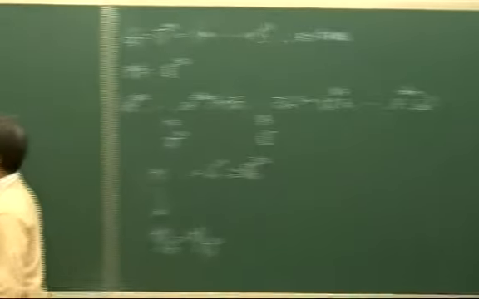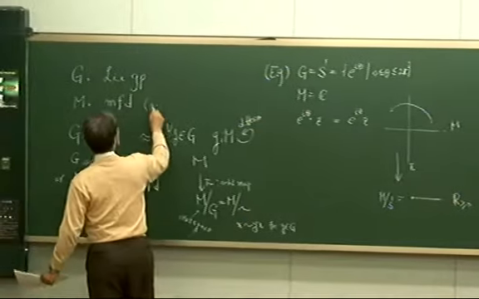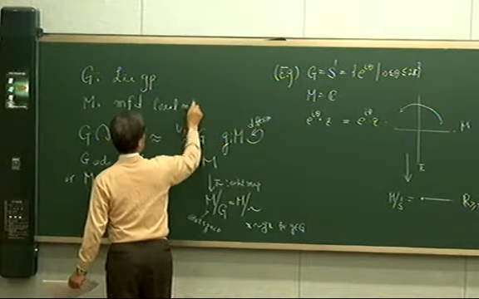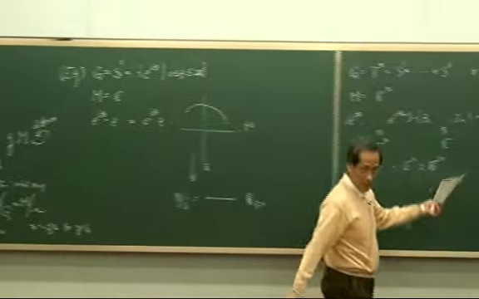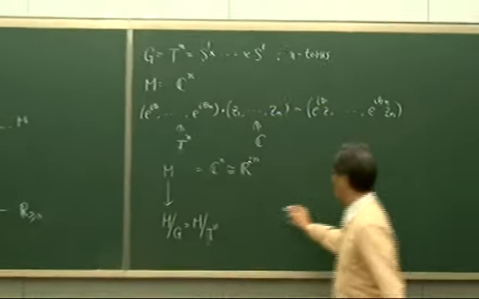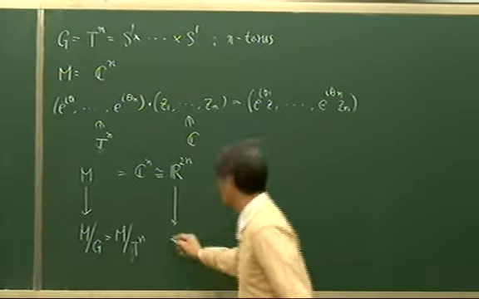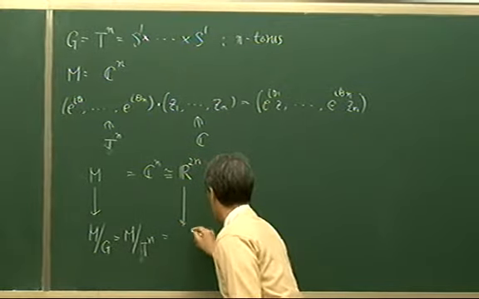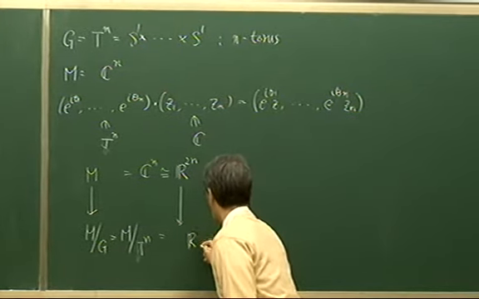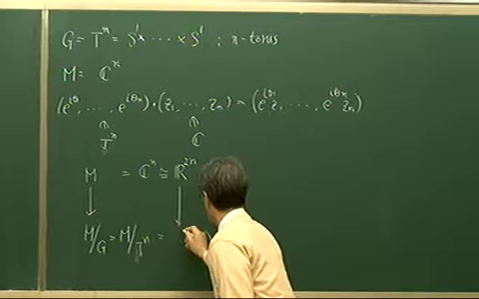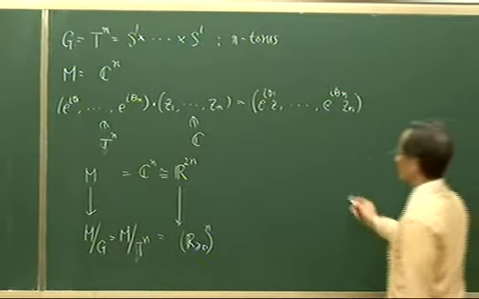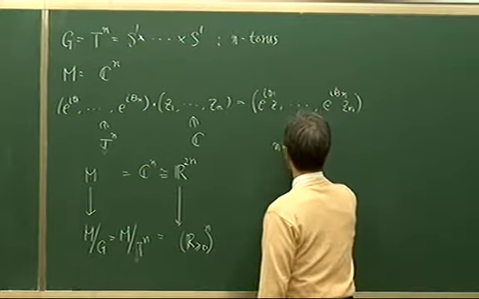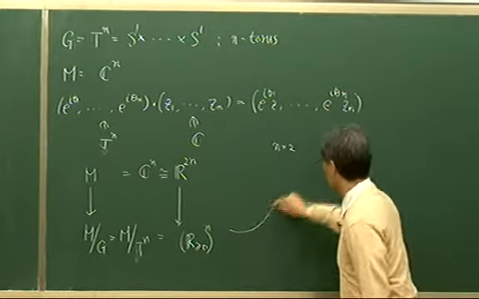When I say this is a manifold, it is a real manifold, not a complex manifold; you view this as a real space. Then its orbit space is the same as R to the nonnegative n-th power. When n is, for example, 2, this orbit space is nothing but the first quadrant.